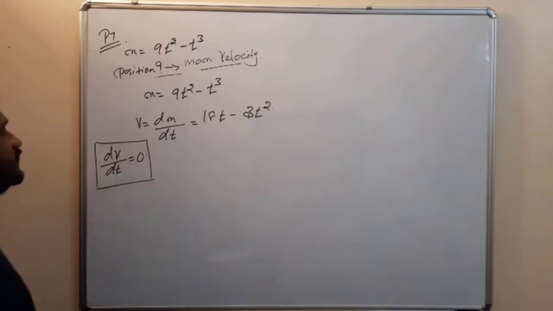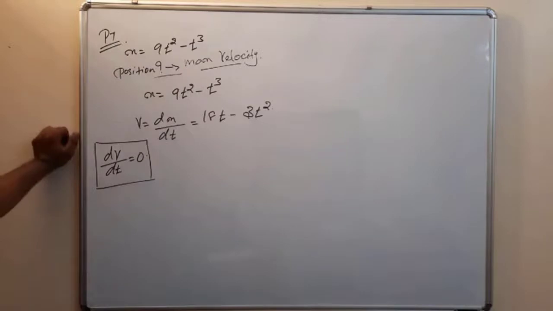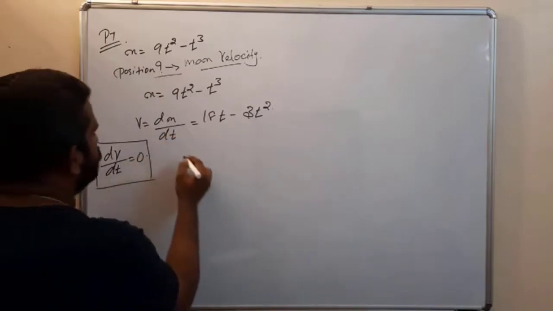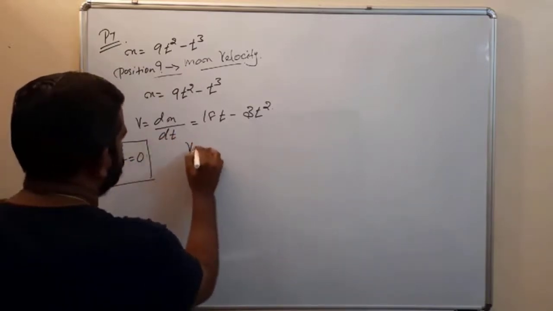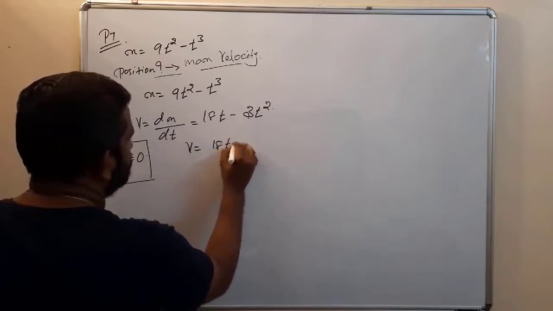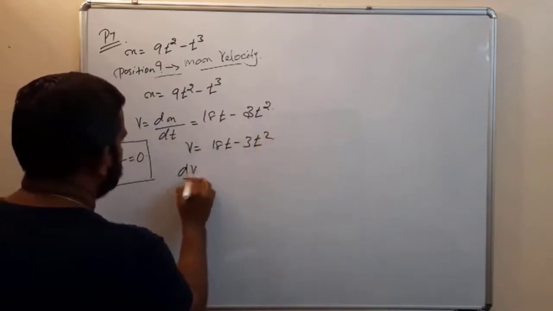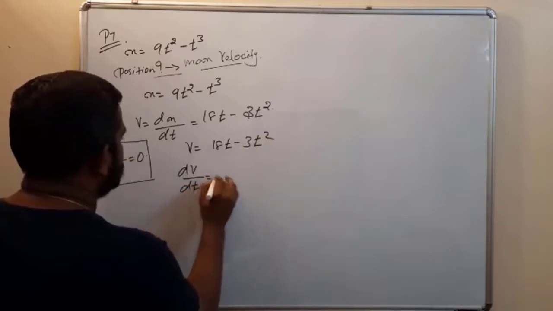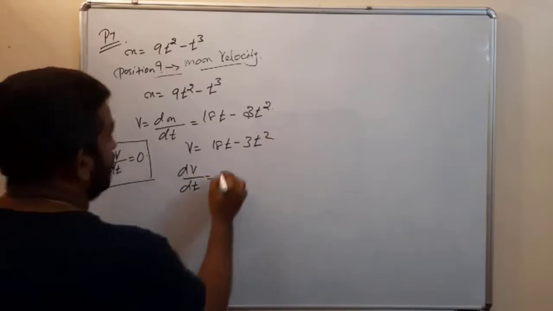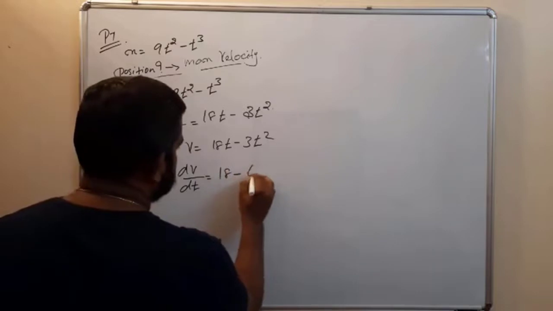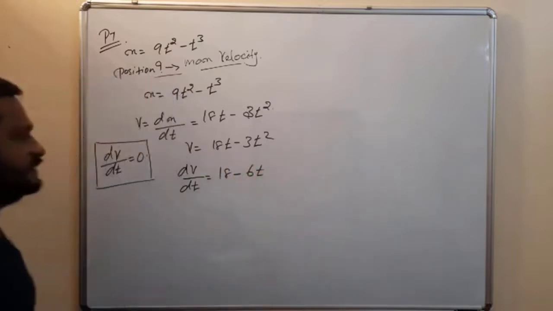Maximum velocity means dv by dt is equal to 0. So if v is equal to 18t minus 3t square, then dv by dt is equal to 18 minus 6t.